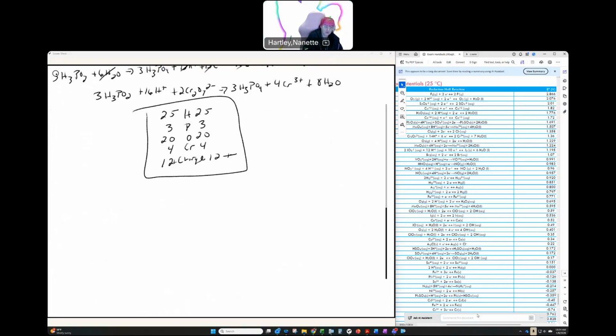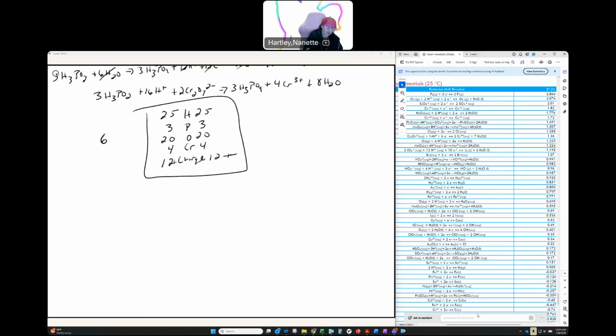And so what I did next was to do my check on both sides. If I do my check for my hydrogens, I have 3 times 3 is 9, plus 16 is 25. I have 3 phosphorus. I have 3 times 2 is 6 oxygens here.